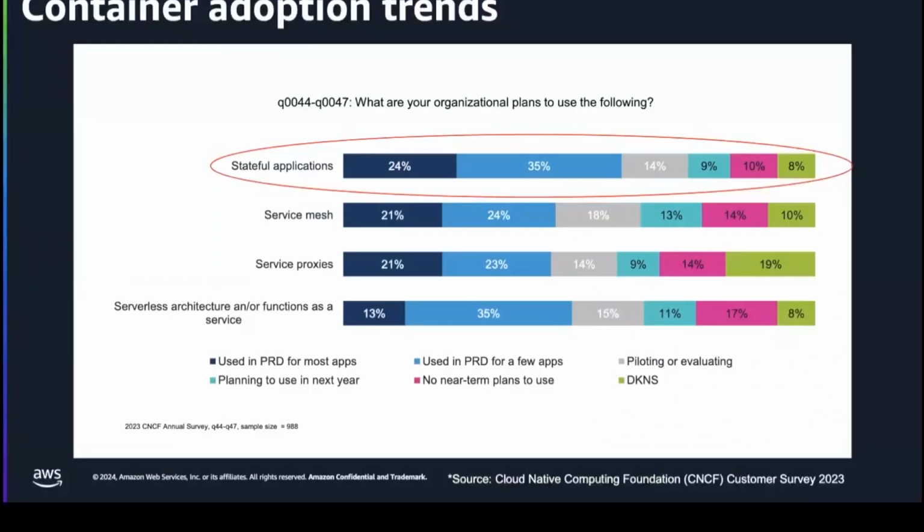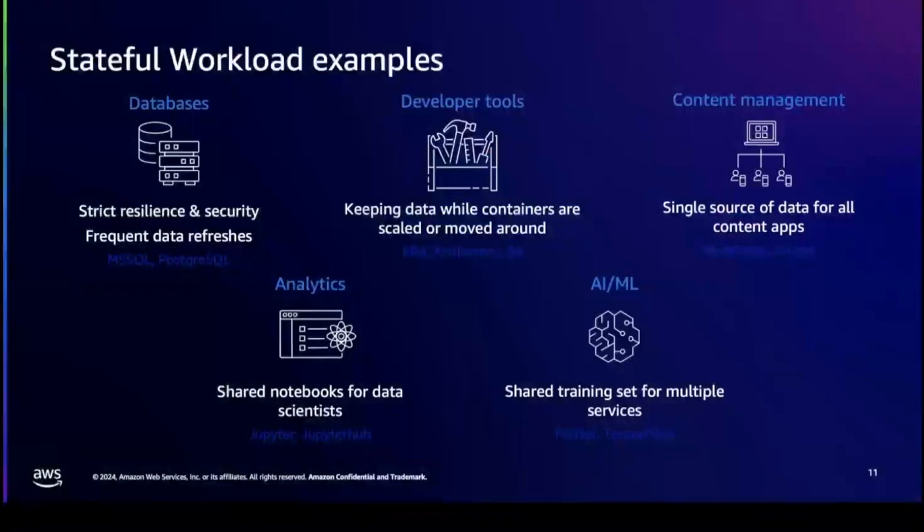And the trends there really speak volumes, I think, if you look at the fact that 82% of folks that were polled said that they're using it in production, or they plan to in the next year, or they're piloting or evaluating. A very high number of stateful workloads that are running out there in real world infrastructures running businesses today.